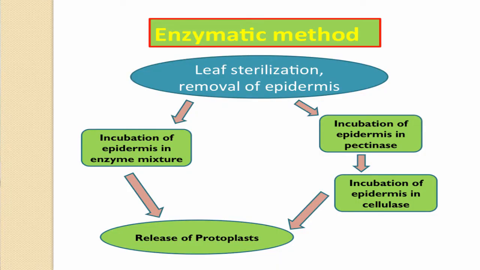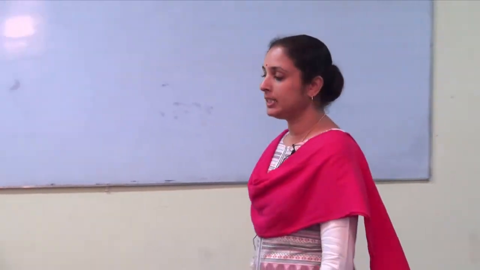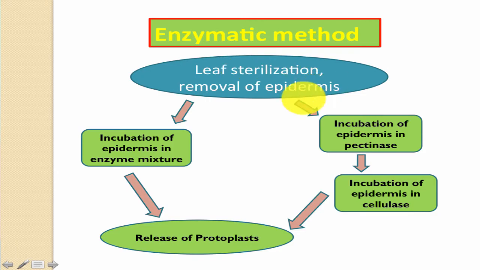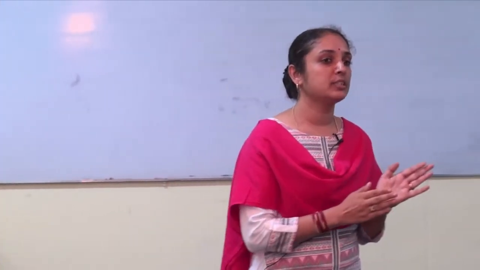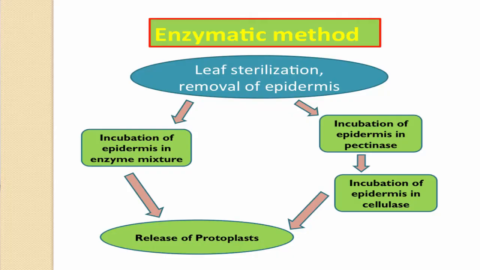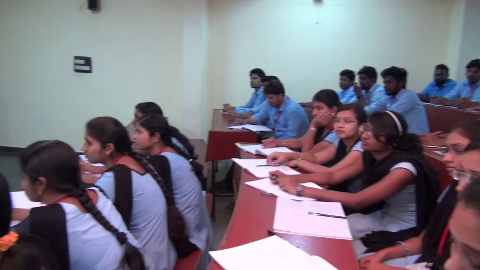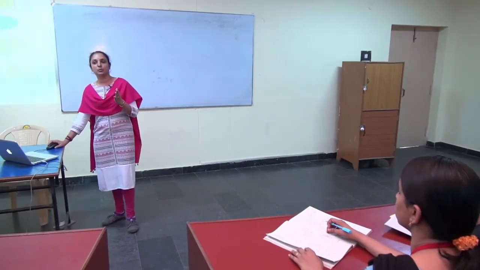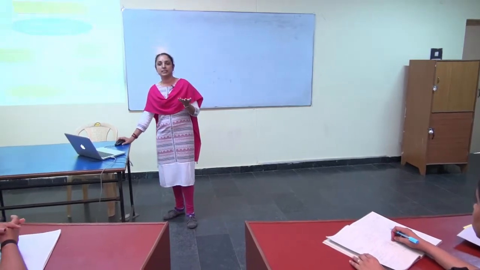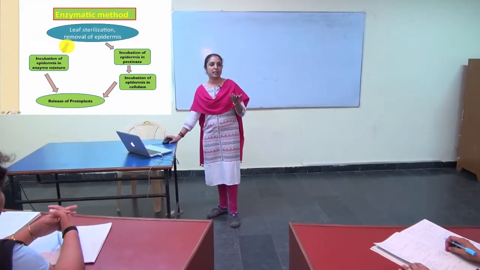The next method is the enzymatic method. Here, as we all know, the explant, first of all, should be subjected to surface sterilization. Surface sterilization is done for any explant to remove dust basically, and then it is taken into the laboratory for further surface sterilization to remove microorganisms.